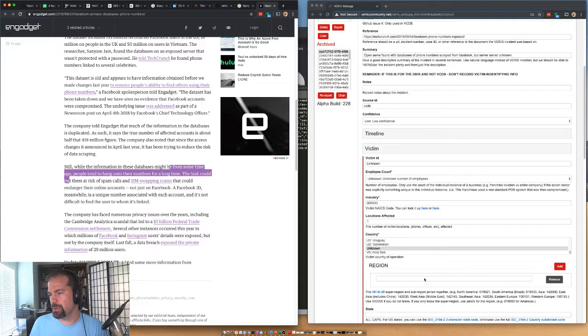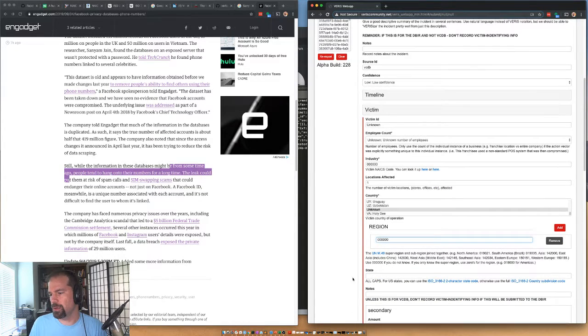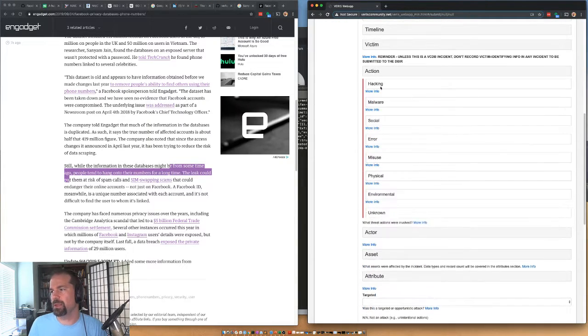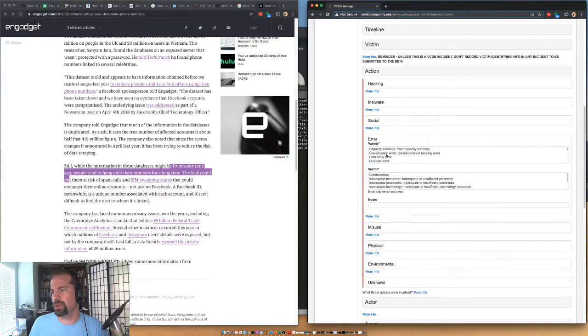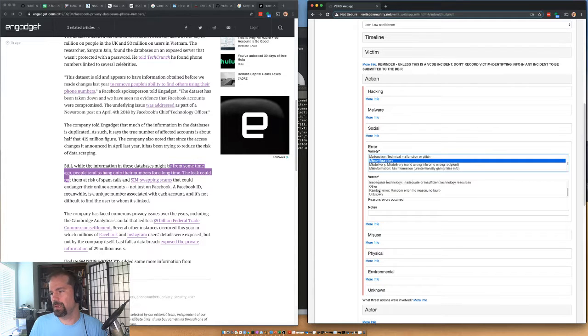So, region is unknown. Okay. So, state, we'll skip this, close victims, and then actions. This was error by a sysadmin. So, misconfiguration, and we don't know why.